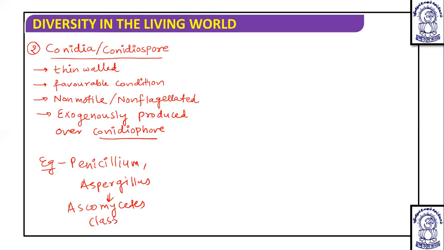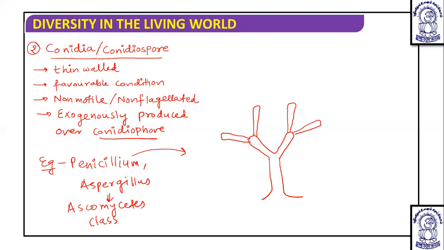Now, when we talk about conidia and see the structure of Penicillium in detail, we see the microscopic structure like this. This type of structure is found in this case.